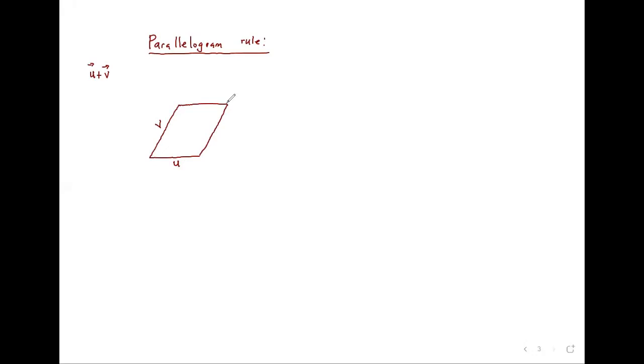So now the thing we call U plus V, because this is also U, this is V, that is U, if you have a line in between here, we say this line is U plus V. So when you're adding vectors, this is what you actually mean.